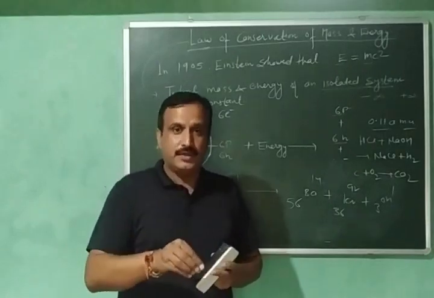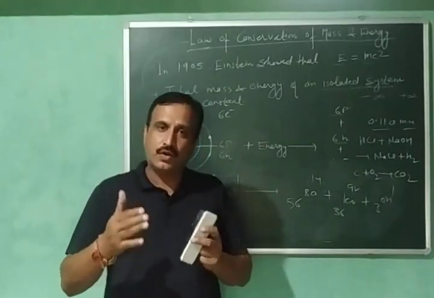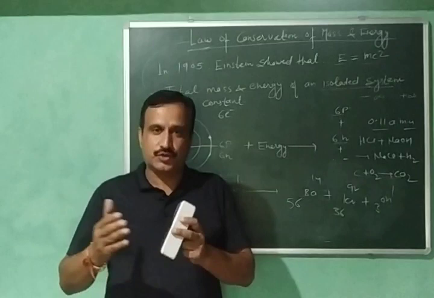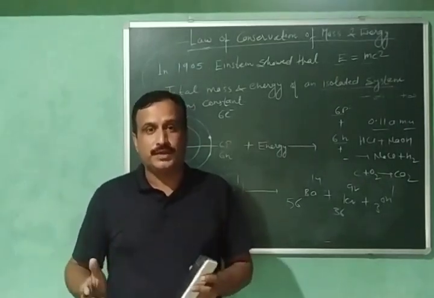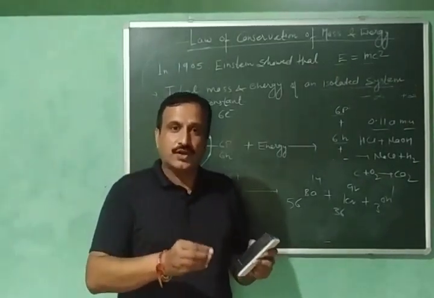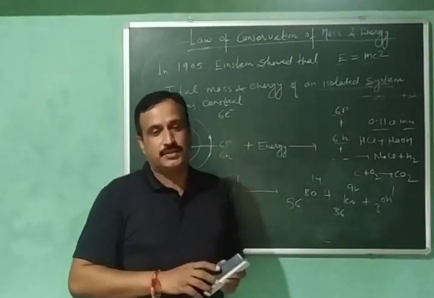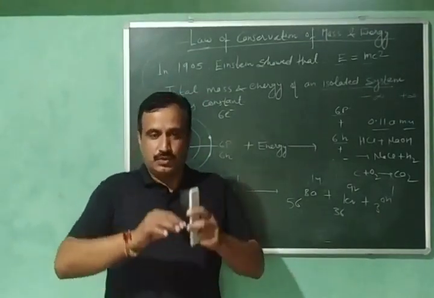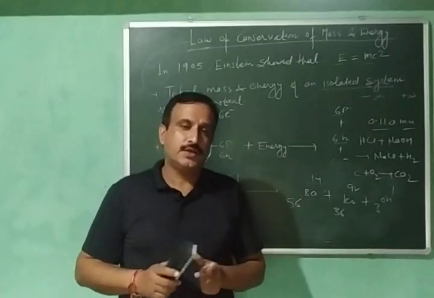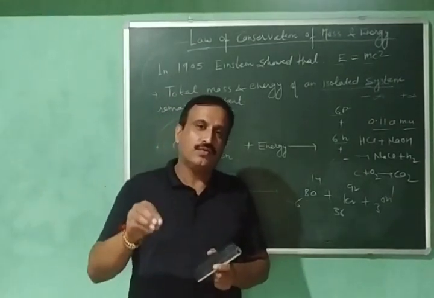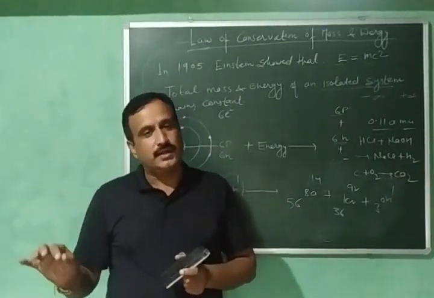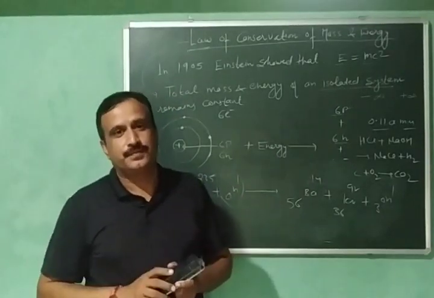And in thermodynamics we deal with what? Ordinary chemical reactions, ordinary processes, or the macroscopic properties. Nuclear reactions are not studied in chemical thermodynamics. So that's why we will concentrate only upon the law of conservation of energy in chemical thermodynamics.